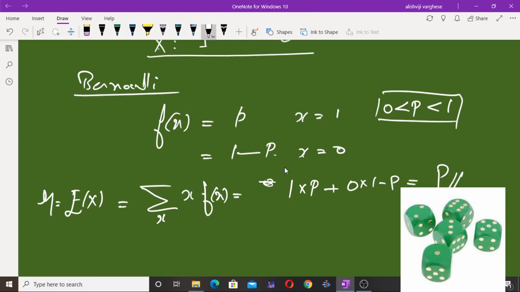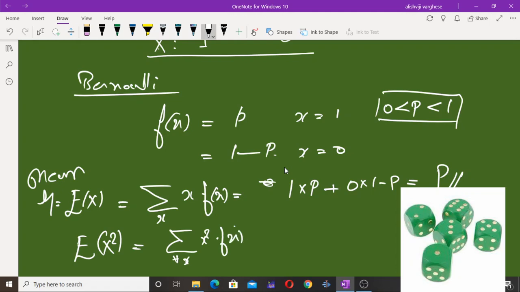So that's the mean of a Bernoulli random variable, and to find the variance, we start by calculating the expectation of X square. The expectation of X square is the summation over all possible values of x square times f of x, which is equal to 1 square times p plus 0 square times 1 minus p. So that is again p.